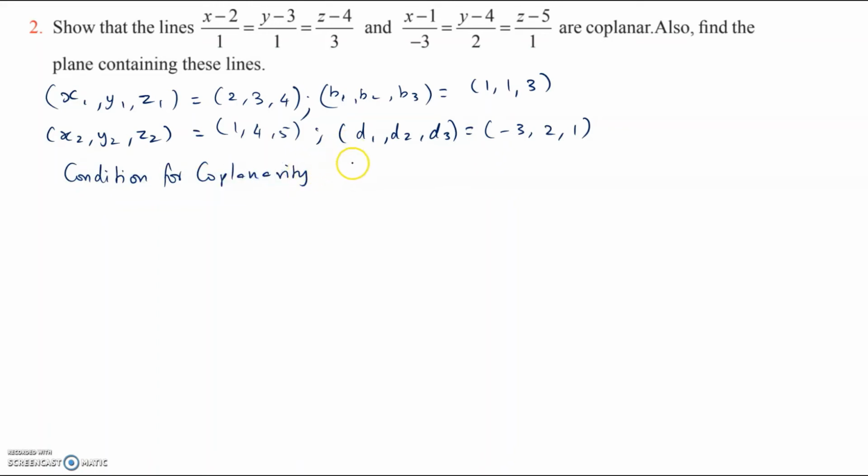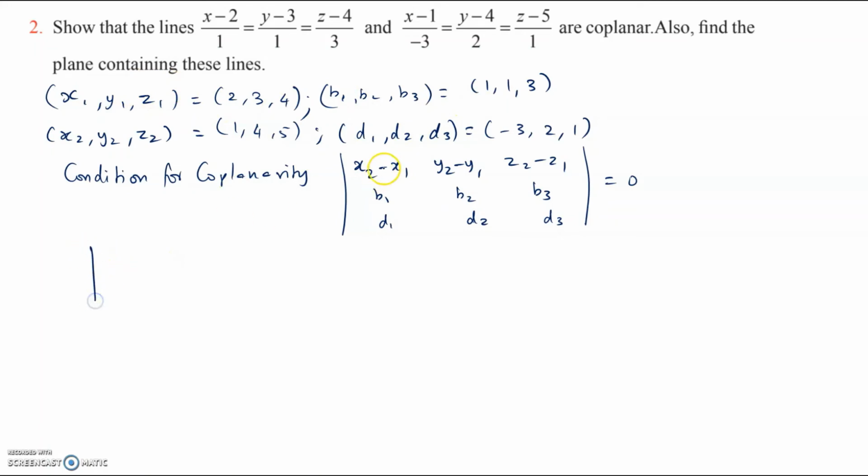Now the condition for coplanarity is given by the determinant x2 minus x1, y2 minus y1, z2 minus z1, b1, b2, b3, d1, d2, d3 is equal to 0. So let's replace all our x2, x1, b1 and so on with our actual values.